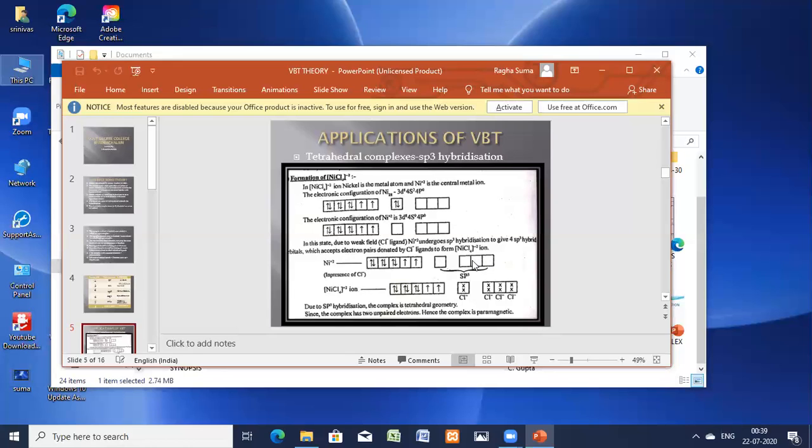Now nickel is in the center, and 4 sp3 hybrid orbitals are in a tetrahedral arrangement, empty, with no electrons. So the Ni plus 2 ion's atomic orbitals have undergone sp3 hybridization, and 4 sp3 hybrid orbitals are formed.